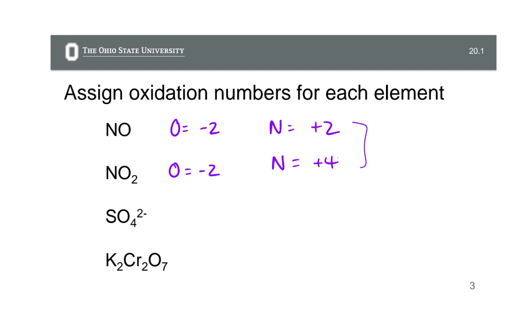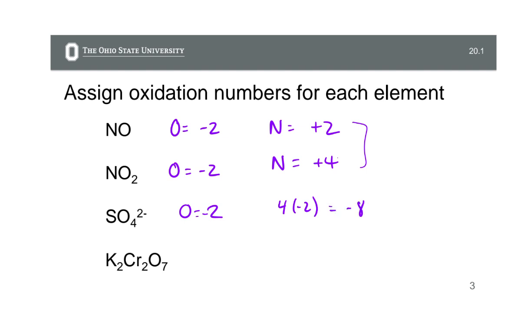Nitrogen can have different oxidation numbers, okay? Next, SO4 2-. Again, oxygen, -2. We have 4 of those. So 4 times -2 equals -8.